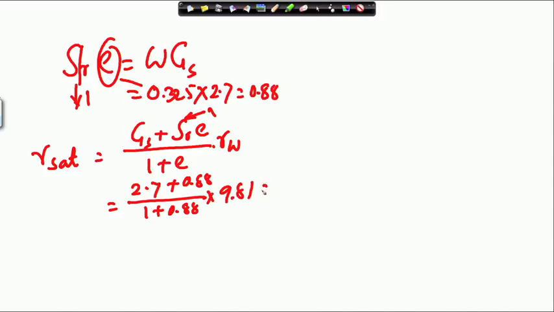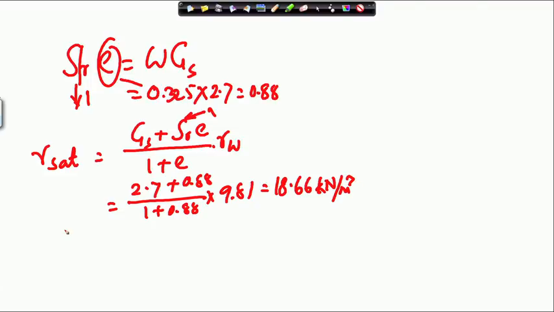If I do this, I will get 18.66 kilonewton per meter cube. Every time the unit is very important, without units these are all meaningless.